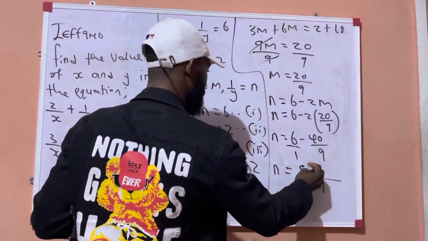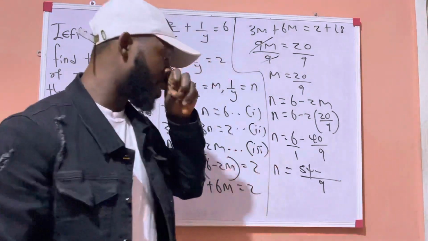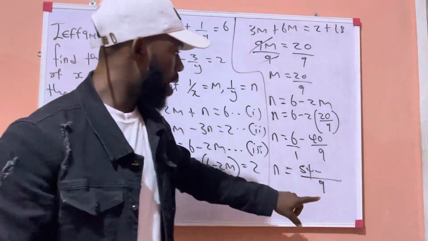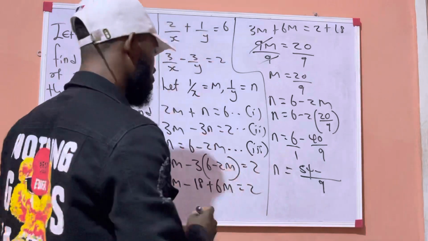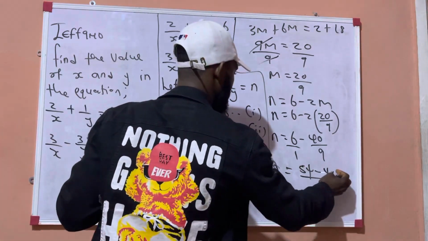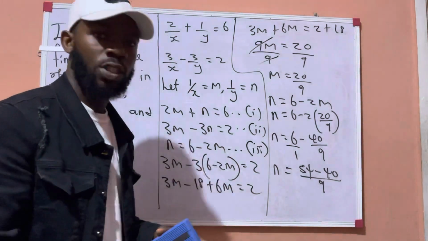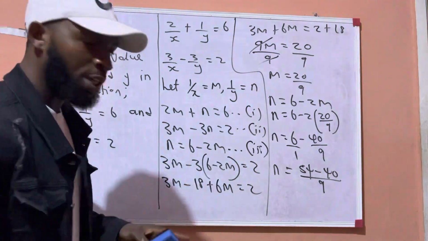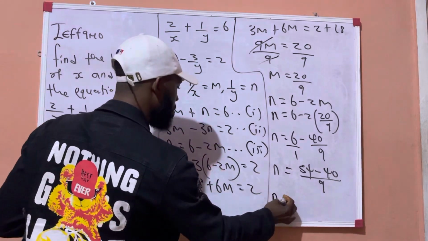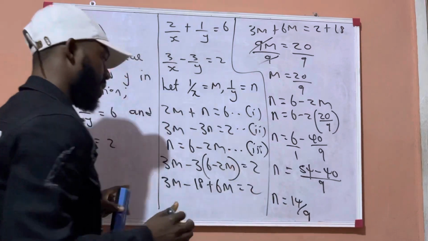So here becomes 54 minus, now 9 into 9 gives us 1. And 1 times 40 gives us 40. Now if we have 54 minus 40, subtracting 40 from 54, we are going to get 14. Now here becomes n is equal to 14 over 9.